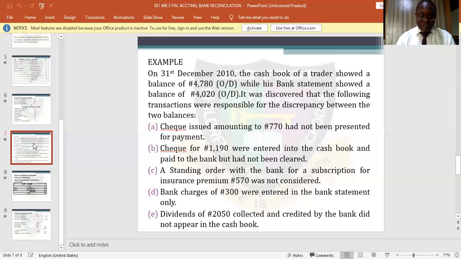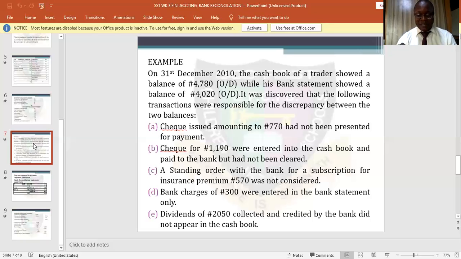So we also have standing order. This standing order with the bank for a subscription for insurance premium, 570 naira, was not considered. There is need for the bank to consider it because instruction has been given to the bank to pay this subscription of insurance into the owner's bank account. But they are yet to do that. Then item D here, bank charges of 300 naira were entered in the bank statement only. So these are charges from the bank, 300 naira.